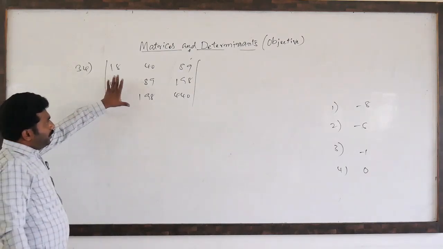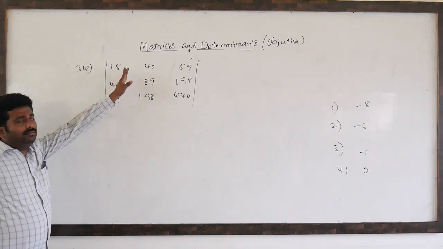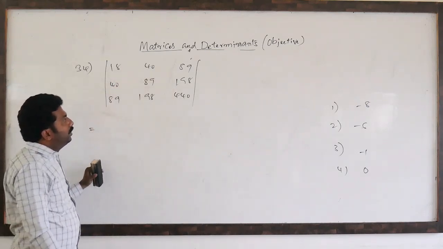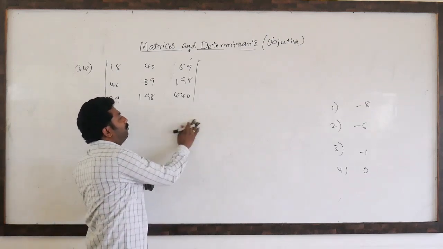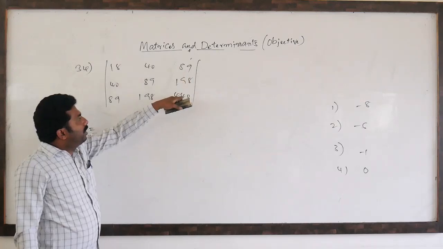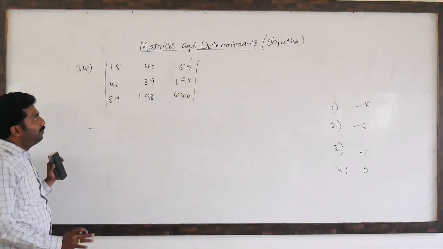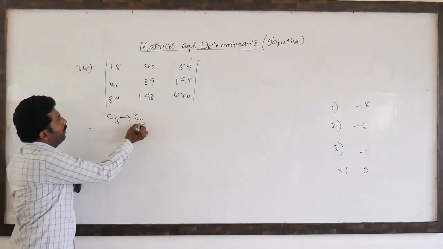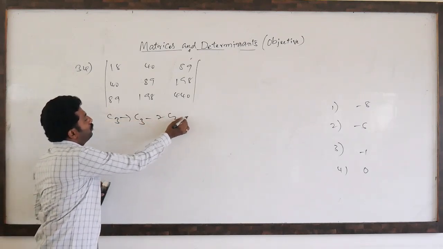So directly you can expand any row or any column, or you can apply some operations. So how to apply? Because the numbers are big, we will apply operations. See, C3 changes to C3 minus 2 into C2.